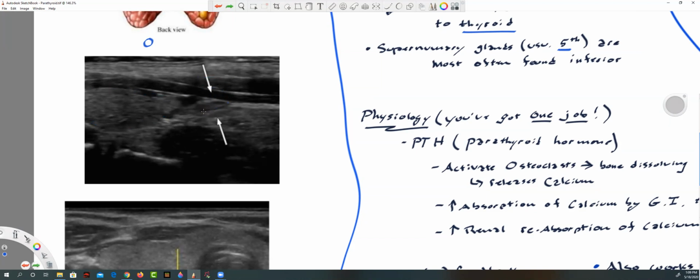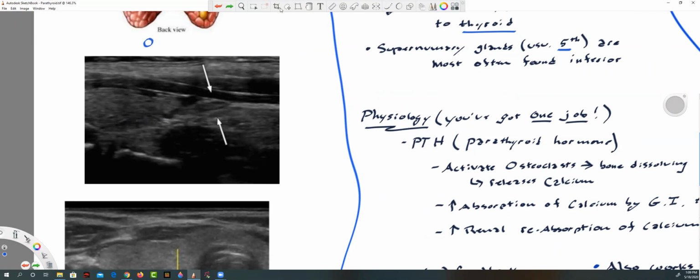But in any case, this one is a little easier to see because, rather than being back here where we usually see them, it just traveled a slight bit farther down. And so we're able to see it separate from the thyroid. You could imagine if this guy were slammed up in here, pretty much impossible to see.